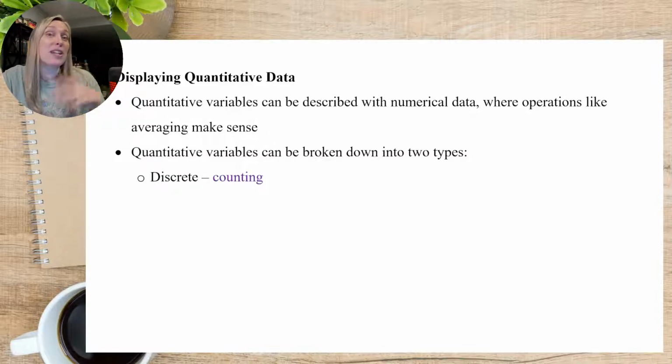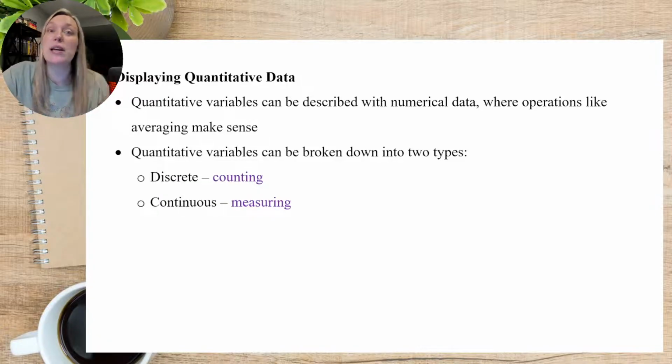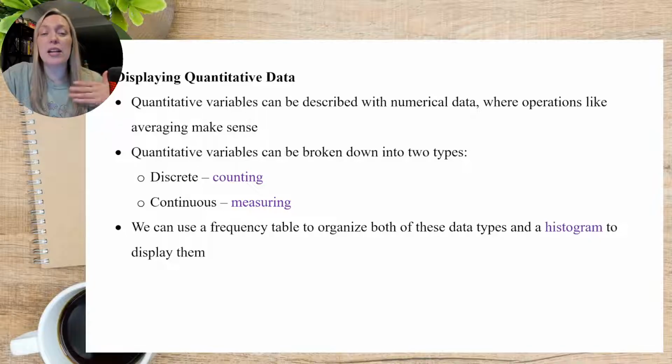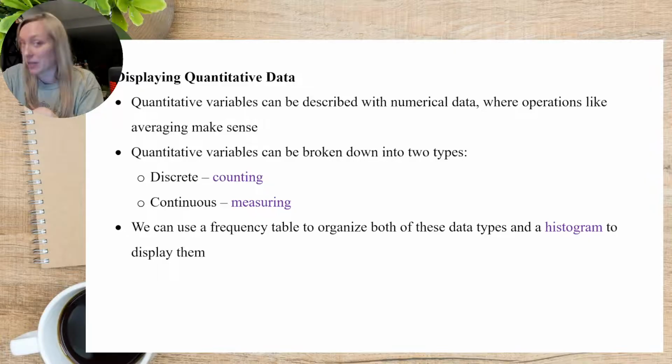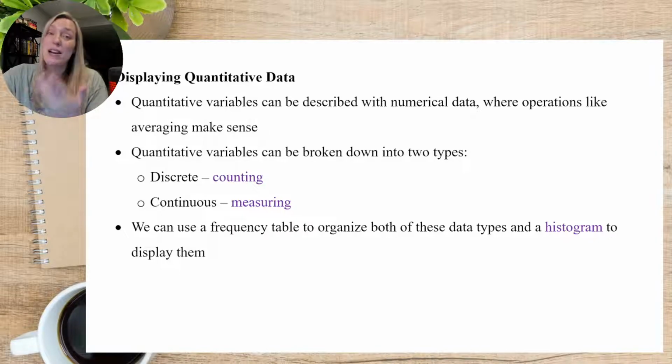We talked about discrete, how discrete represents counting variables, and continuous represents measuring variables. And we can use a frequency table to organize both of these data types and a histogram to display them. So quantitative variables can apply to histograms, and you can use discrete or continuous variables. And we're going to look at two examples, one with discrete and one with continuous.